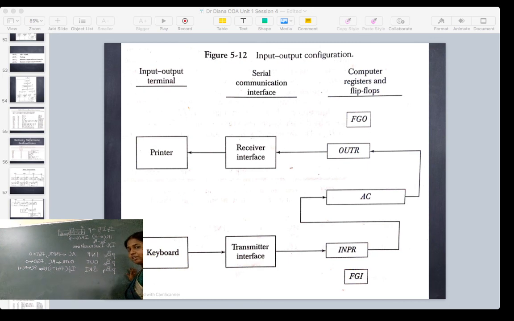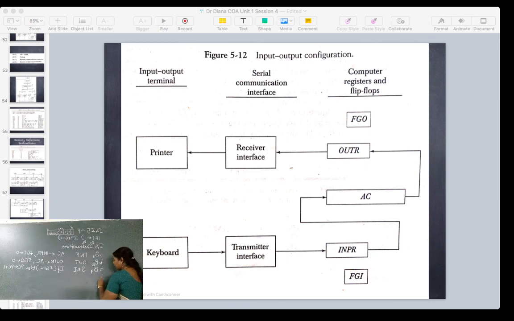Now the next control information we have is PB8. At PB8, we have the instruction SKO. SKO means skip if output flag is 1.